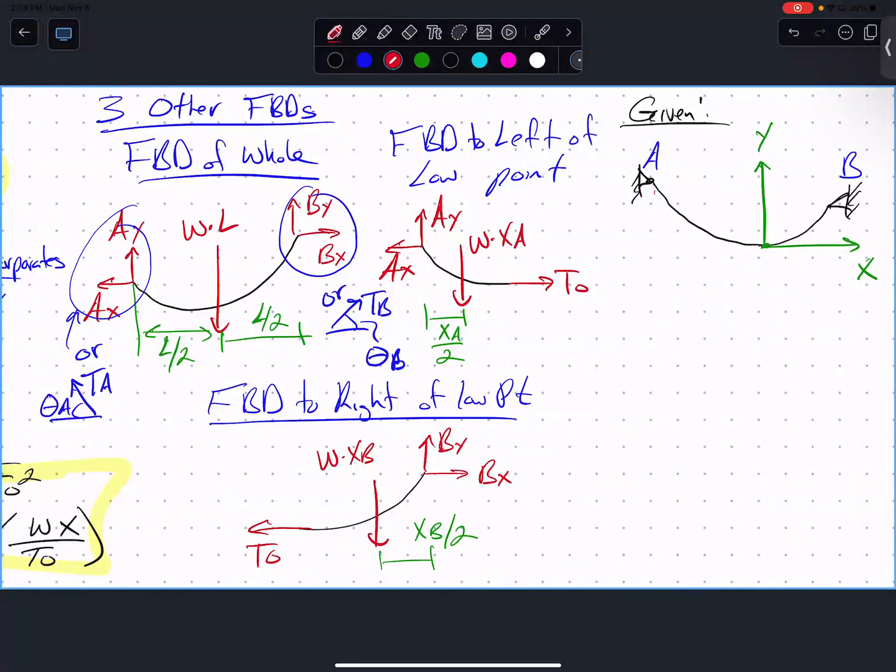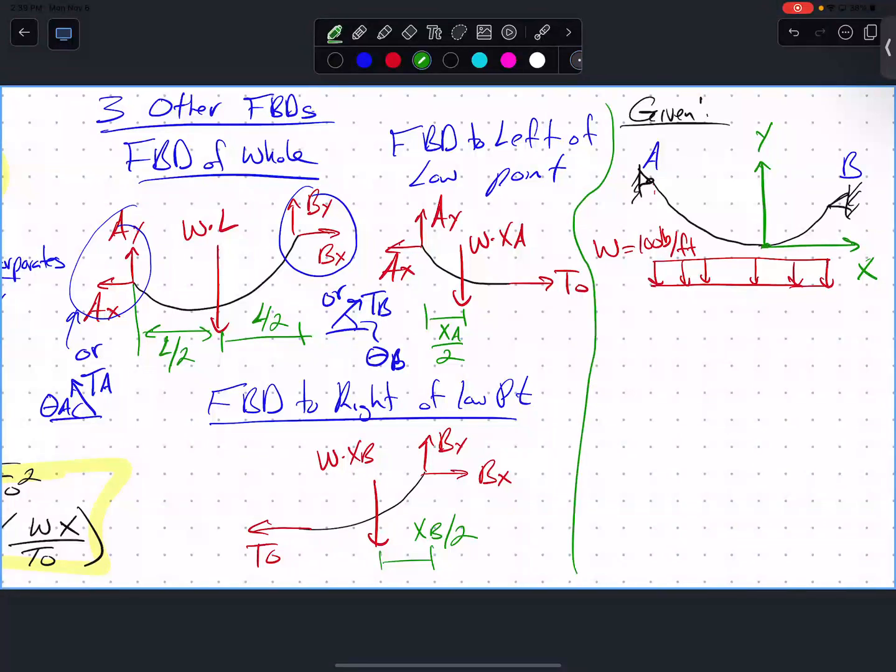We have a distributed load. Let's see, our W is equal to 100 pounds per foot. The total length from here to here is 40 feet.